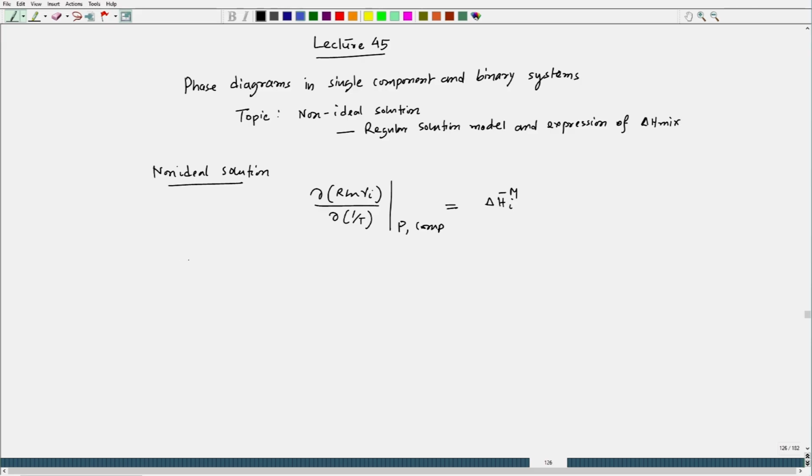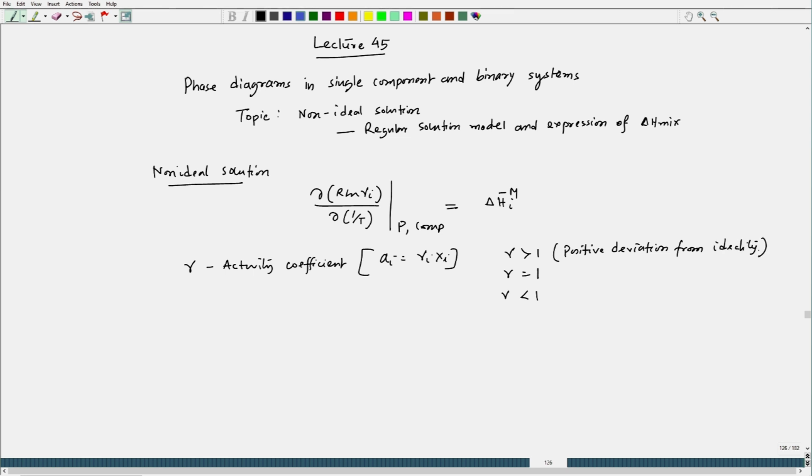Now, accordingly, we have seen that gamma is the activity coefficient, and it comes from a i equal to gamma i x i. So, this gamma could be greater than 1, gamma could have a value of 1, gamma could be less than 1. This is positive deviation from ideality.